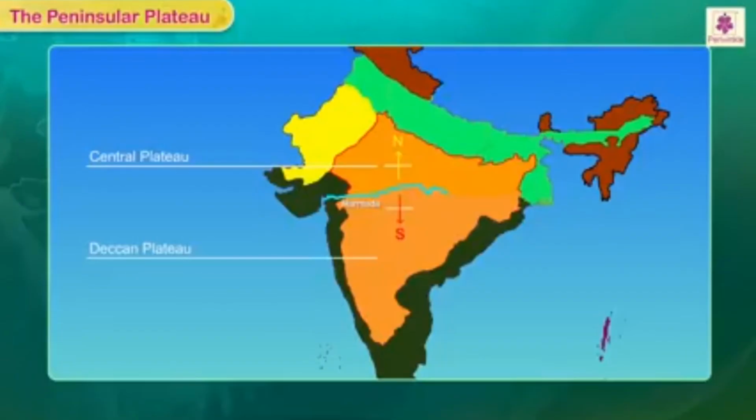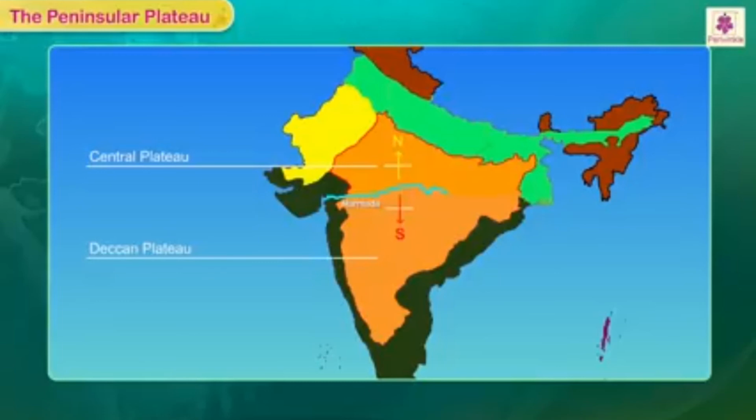Now talking about peninsular plateau, it lies to the south of the Ganga basin. It is the oldest land mass of India and is made up of hard igneous and metamorphic rocks. Narmada River and the Vindhya and Satpura ranges divide this region into Malwa Plateau in the north and Deccan Plateau in the south.